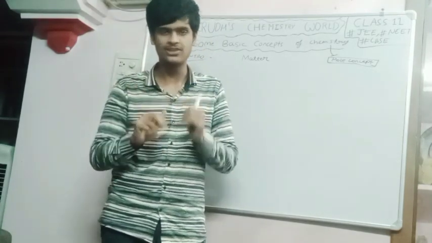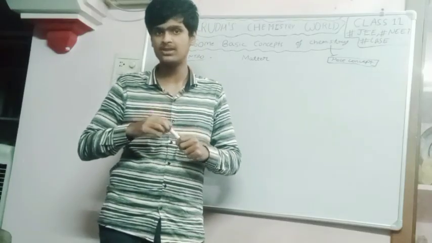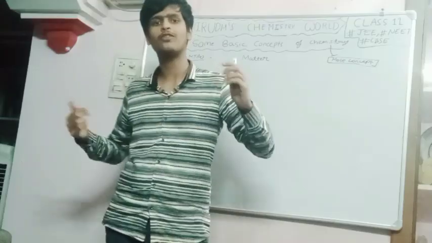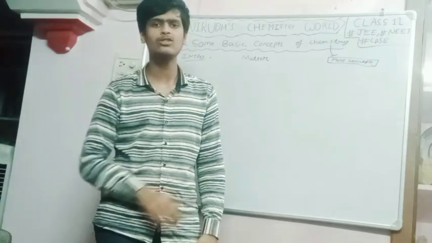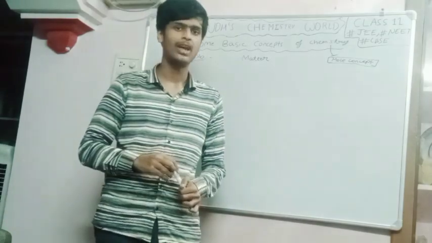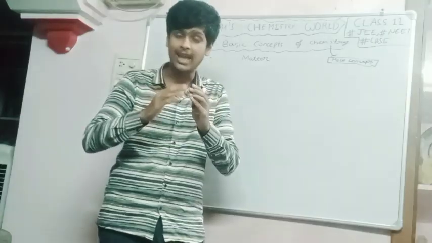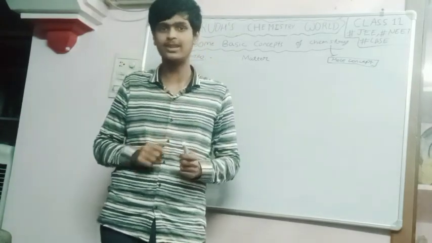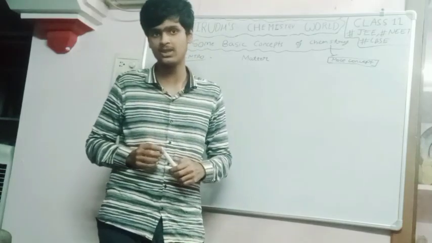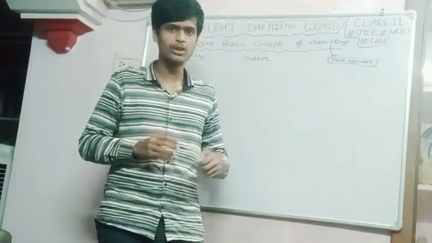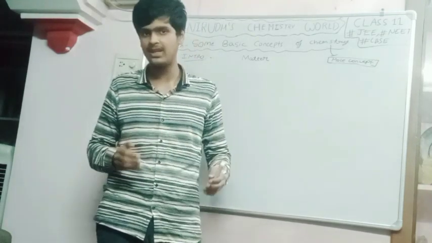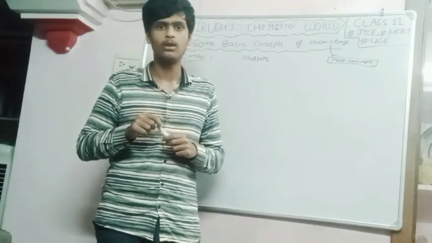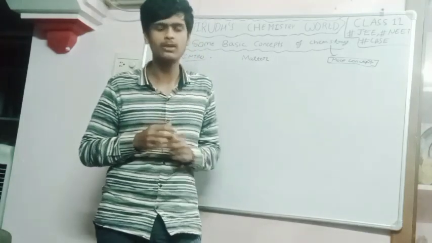To make calculations and measurements, they used scientific methods, did lots of calculations and gave many laws. Based on them, they calculated the amount of substance, the number of moles, and the terms we are going to use in this chapter. They use molarity, normality. You will come across these words if you already know about this chapter.